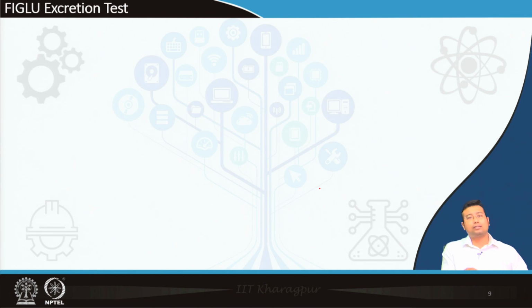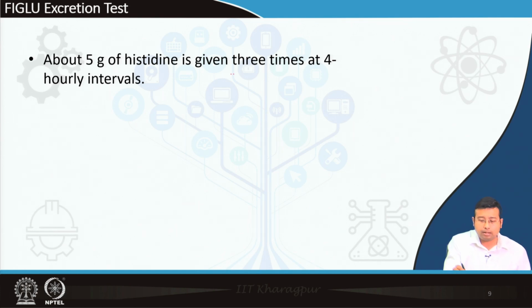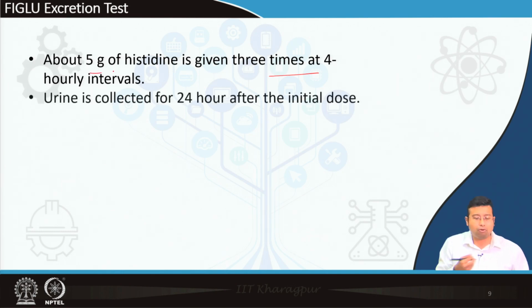So, let us see how this FIGLU excretion test is performed, the exact procedure. This is also known as the histidine loading dose. Histidine is loaded, an excess dose is given 3 times at 4-hourly intervals, 5 grams each. This is the dose. Urine is collected 24 hours after the initial dose.